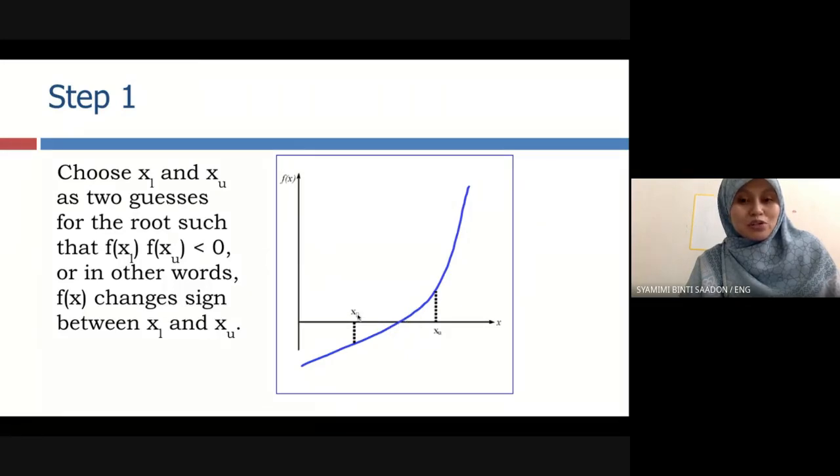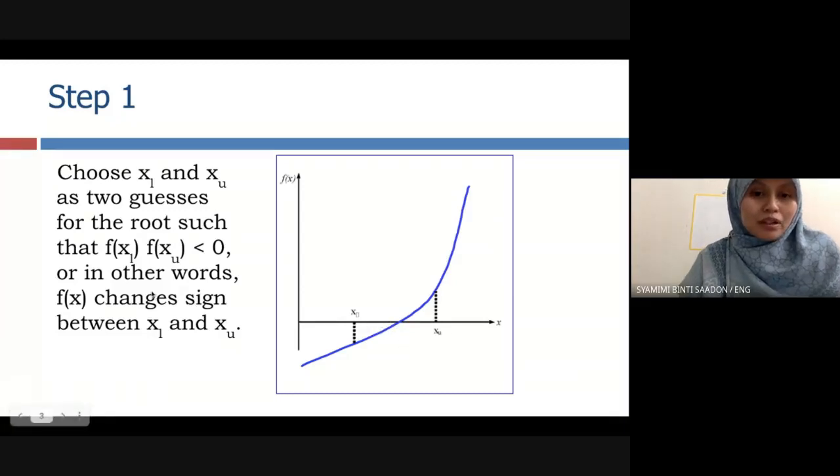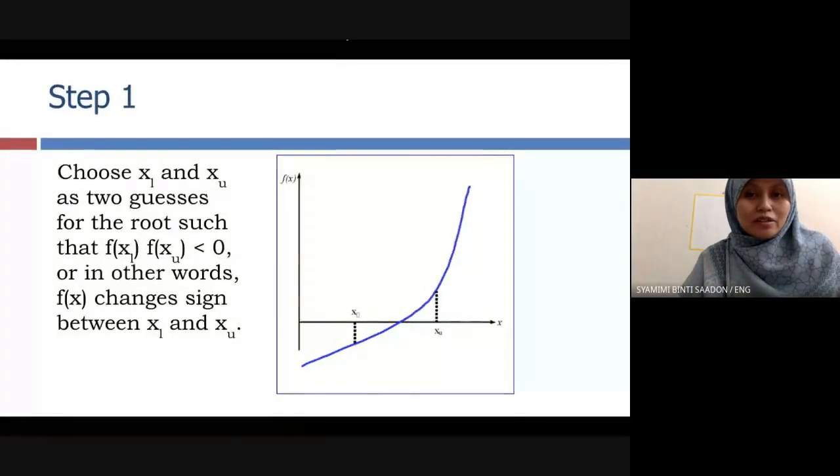Here, for example, f(XL) is negative and f(XU) is positive, so we are sure the function will intersect the x axis, where f(x) equals 0, between the interval. In other words, f(x) changes sign between XL and XU, negative to positive. That is the condition for choosing XL and XU.